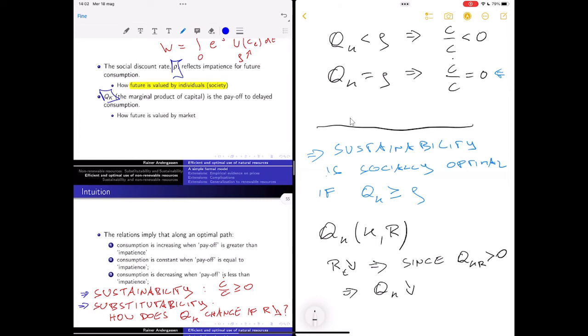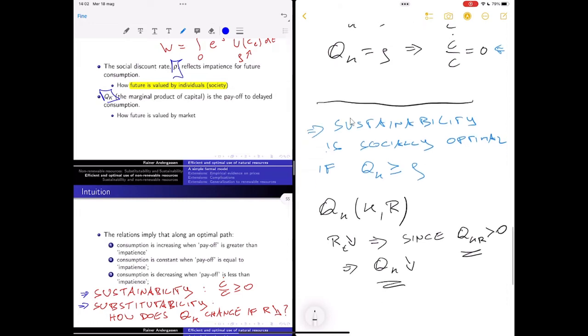But since the non-renewable resource is finite, you're going to extract a lower amount. And since the marginal product of capital is increasing in the use of this non-renewable resource, the marginal product of capital declines.